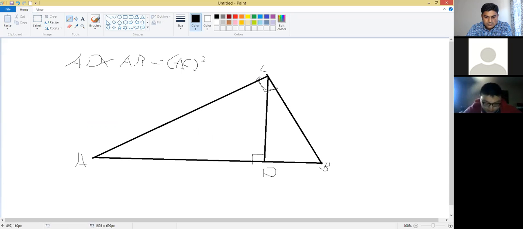So how should we do this question? I've never really learned this part of the equal to AC squared or anything. Oh, you never learned it? No. We sort of learn like simple ones, simple proofs. Okay, so basically, when you see this question, you can think about this. So AD times AB equal to AC squared.